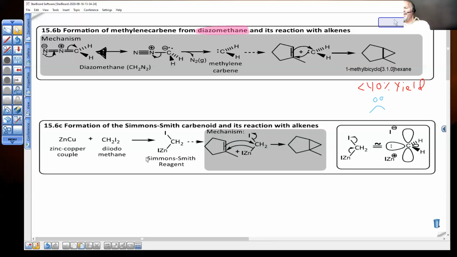But you see that the zinc ended up between the copper and the iodine, and the other iodine ended up on the carbon. So if you look carefully at this, it's called a carbenoid. And you know I like words and breaking them down.